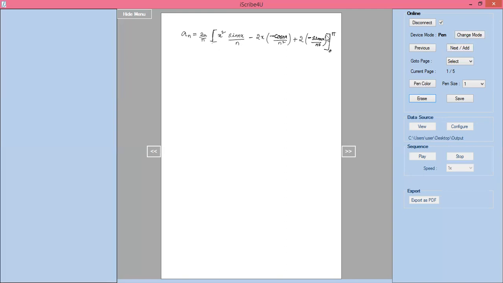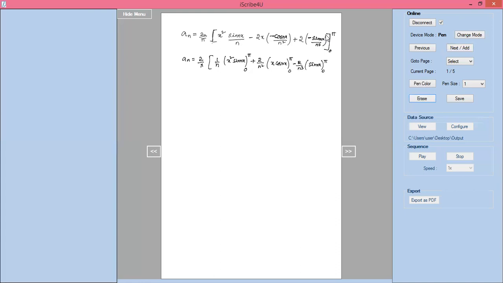Right. Now I'll write an equals 2 by pi, taking 1 by n outside: x square into sin nx with limits 0 to pi, plus 2 by n square into x into cos nx with limits 0 to pi, minus 2 by n cube into sin nx with limits 0 to pi.